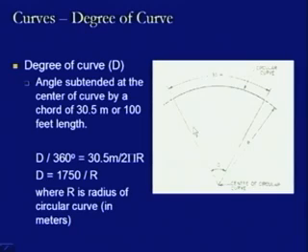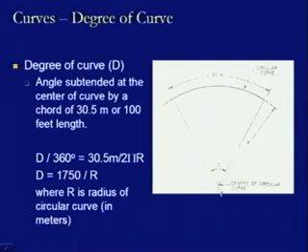What happens is that if we are providing a circular curve like this, then we take a 30.5 meter long chord, or a 100 feet long chord, along this circular curve, and then we see what is the angle found at the center of the curve, that is this angle, which may be termed as the degree of this curve.